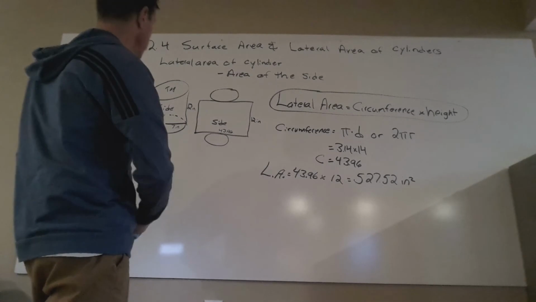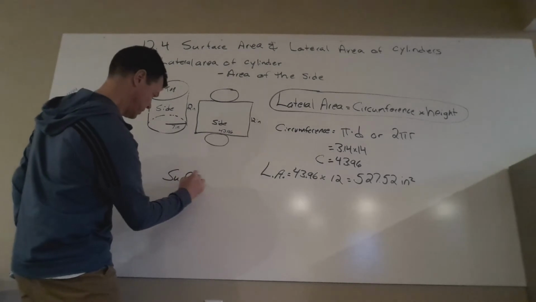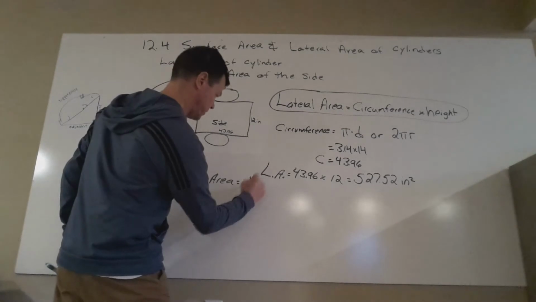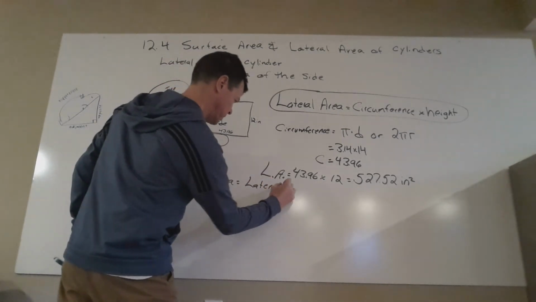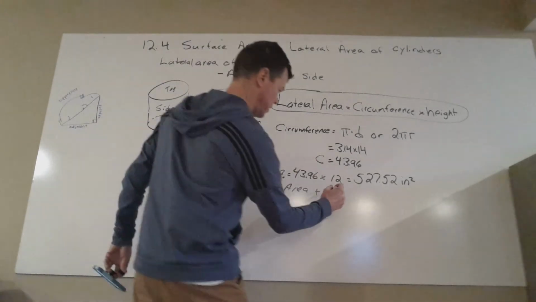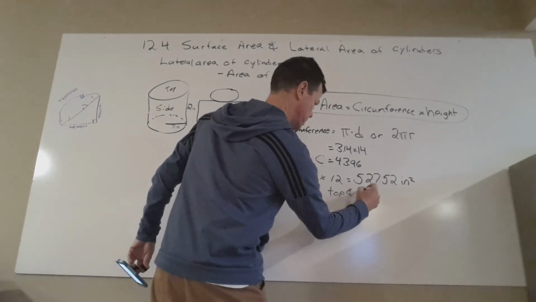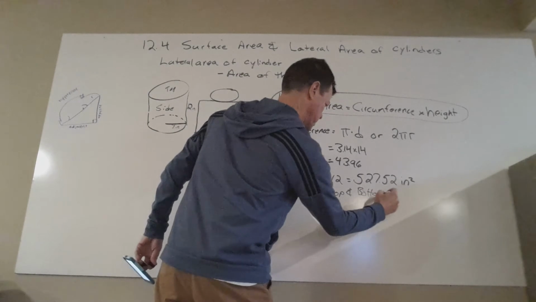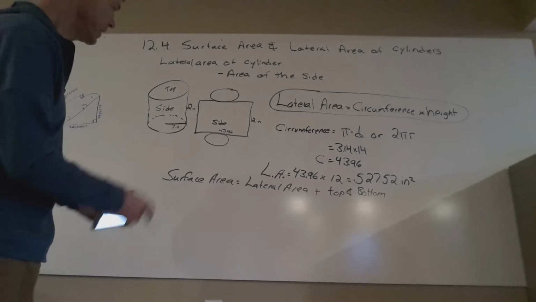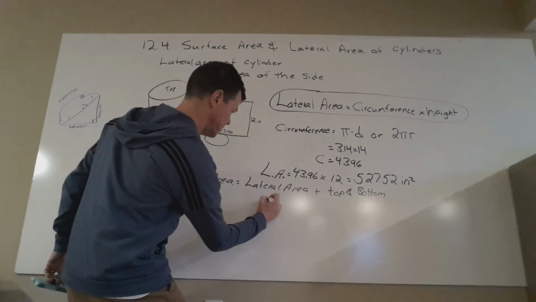All right, so surface area will equal your lateral area plus the top and bottom. So we're going to need to know the area of the top, area of the bottom, add that to the lateral area. Lateral area we already know is 527.52.